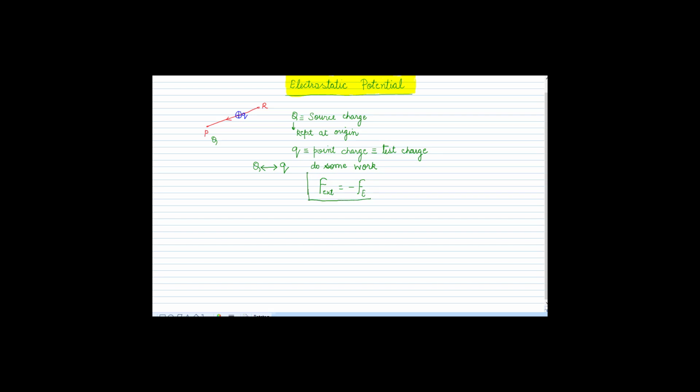What we conclude from this relation, that F external is equal to minus F e, is that the external force which is doing the work is equal to the negative of the electric force. So the work done by this external force will be equal to the negative of the work done by the electric force.